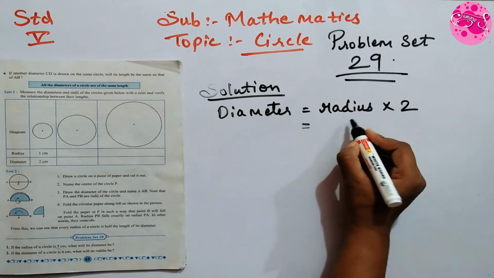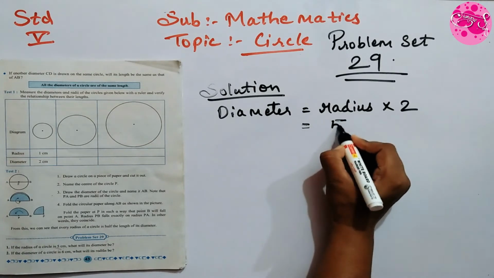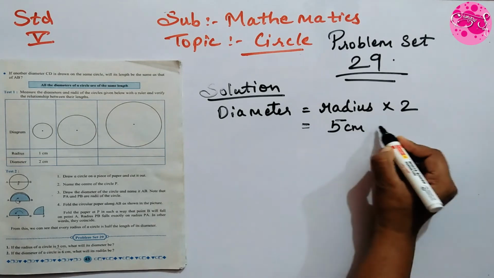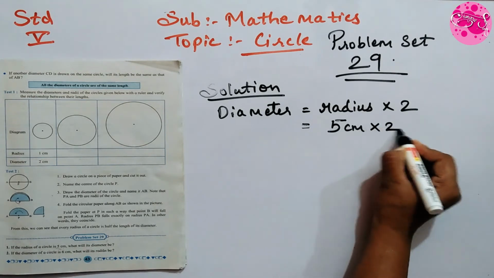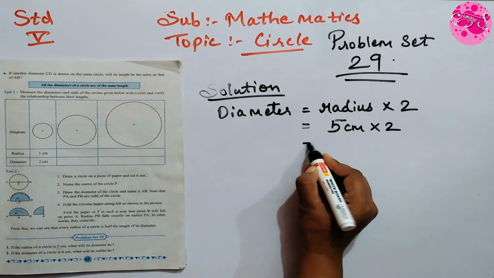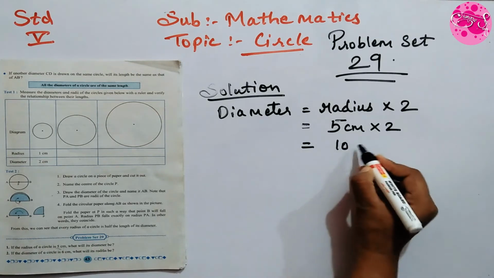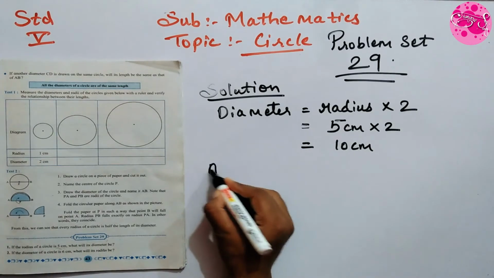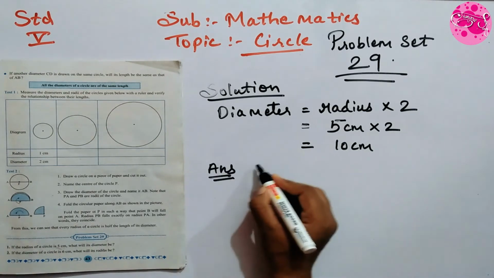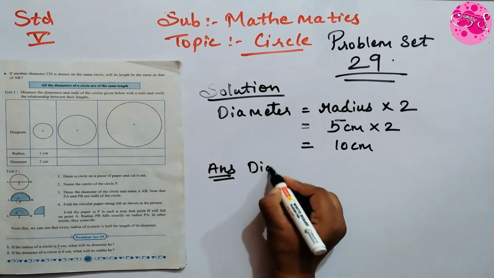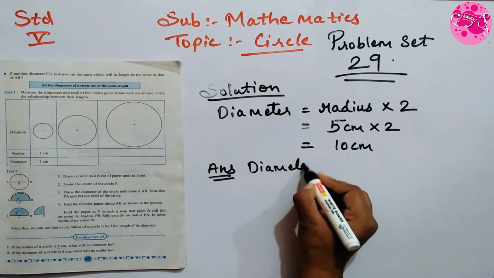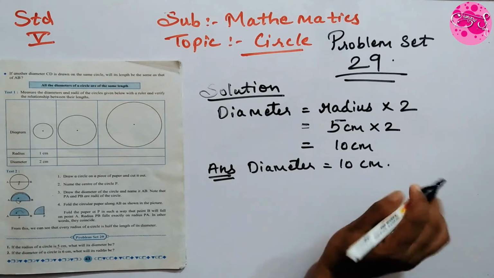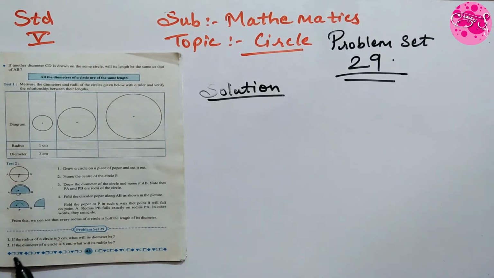So 5 centimeter multiplied by 2. So 5 2s are 10. So diameter is 10 centimeter. So write here 10 centimeter, and the answer we have to write is diameter is equal to 10 centimeter. Clear? Let's move to second question.